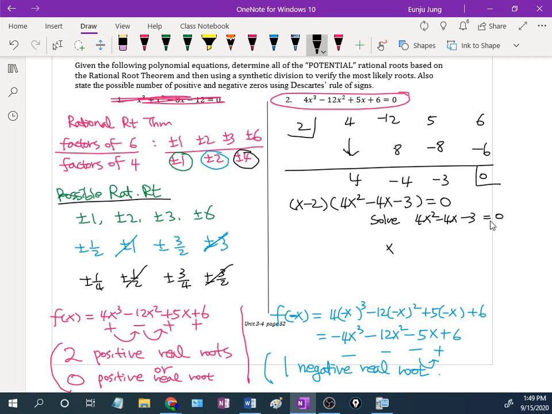Let's go with the quadratic formula. x equals negative b, which is negative of negative 4, plus or minus the square root of b squared, where b is negative 4 in parentheses, b squared minus 4 times a, a is 4, c is negative 3, all over 2a. Okay, so let's simplify. Two negatives make positive 4 plus or minus.